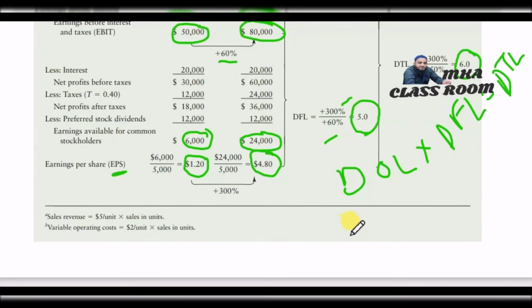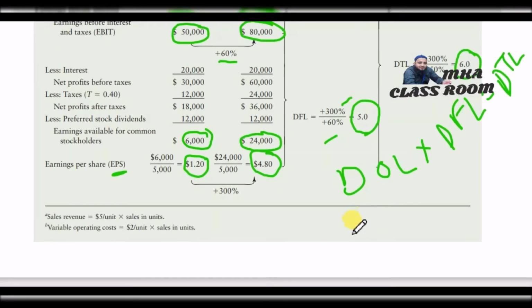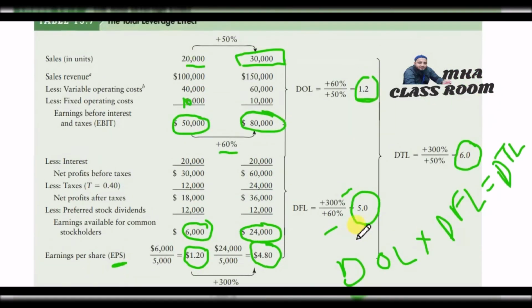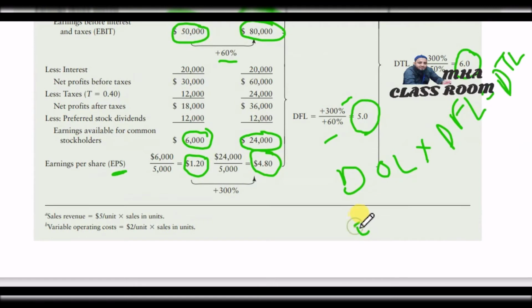If we write down the DOL formula, DOL is percentage change in EBIT divided by percentage change in sales.